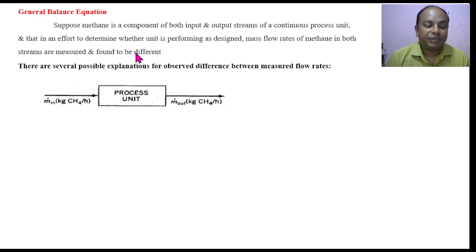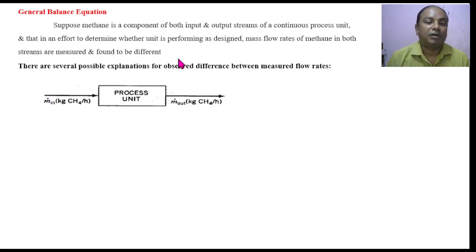In order to understand whether this process is going on as expected, we can say that if the mass flow rate of methane in both streams, that is in input as well as in output, is equal, then it's okay.